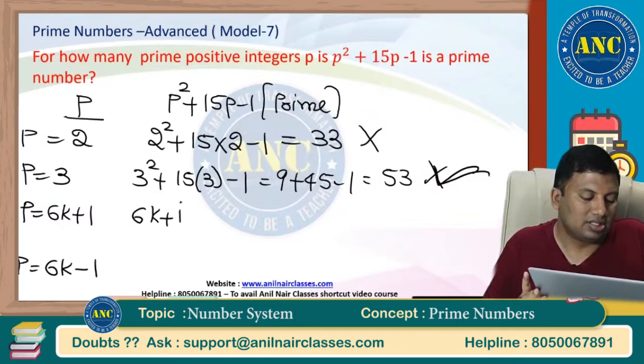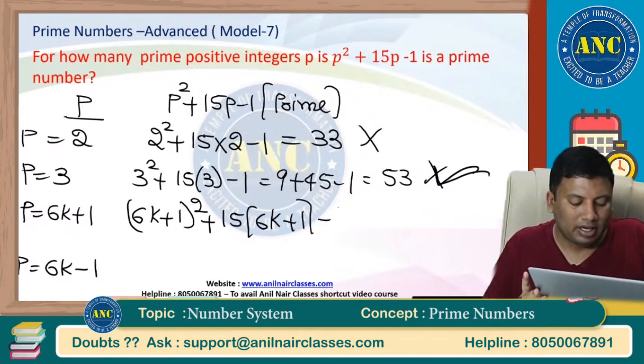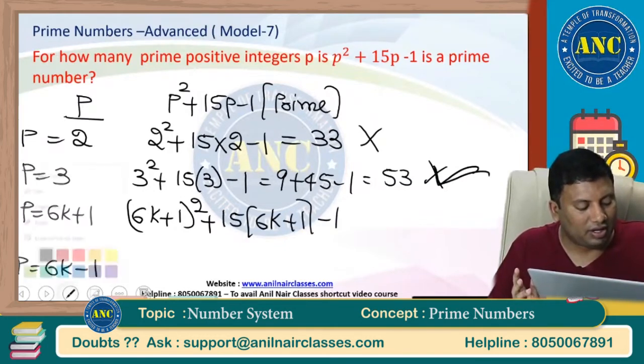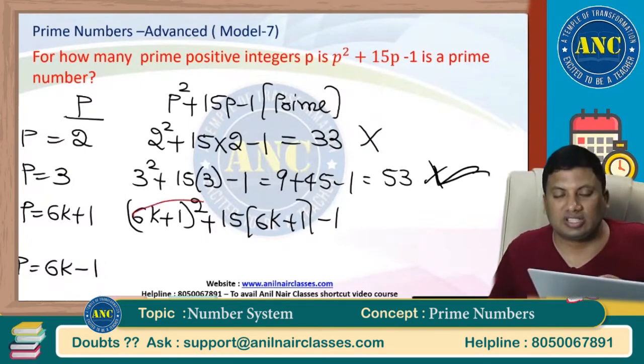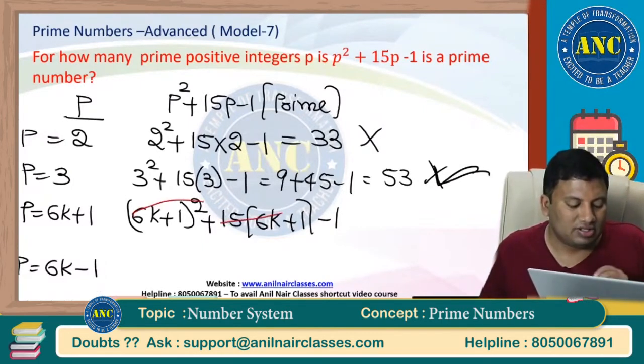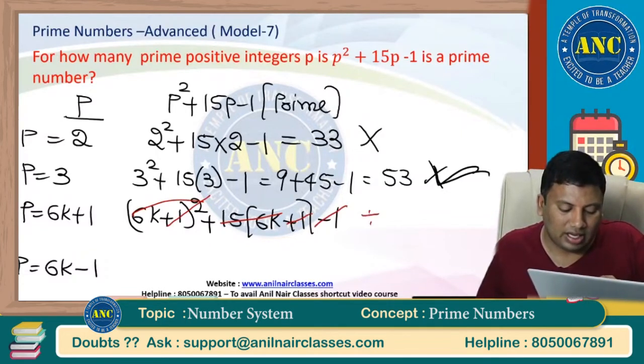Take 6k plus 1 whole square plus 15 into 6k plus 1 minus 1. Now listen carefully. 6k whole square is divisible by 3. 2 into 6k is divisible by 3. 15 is divisible by 3. 1 minus 1 cancel. The answer is divisible by 3.